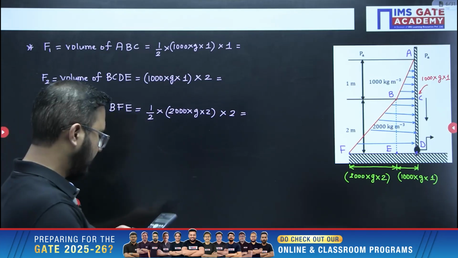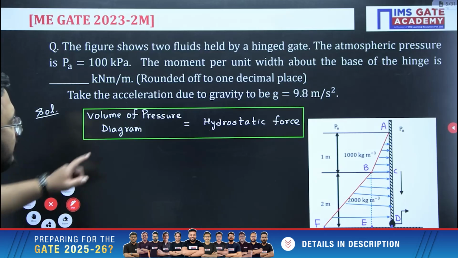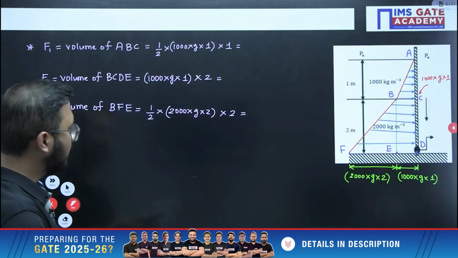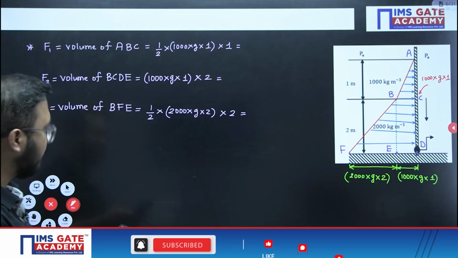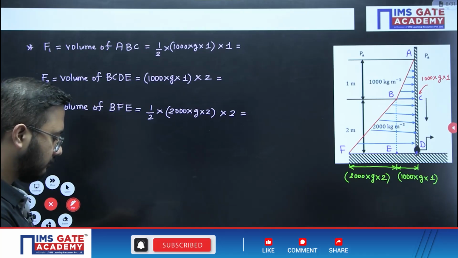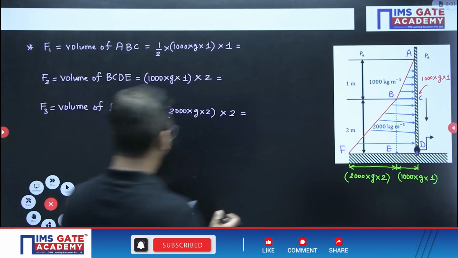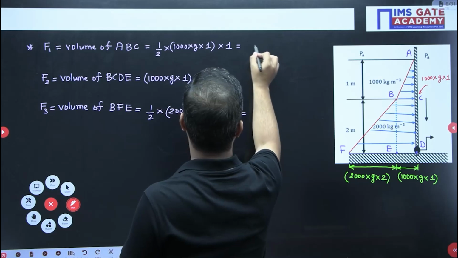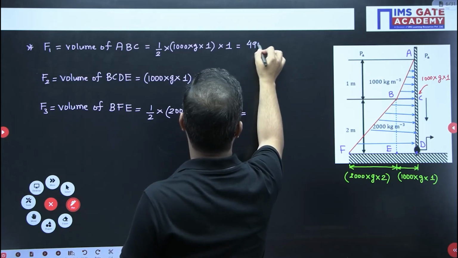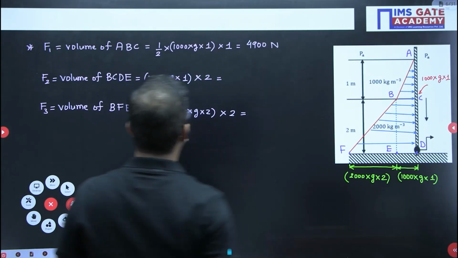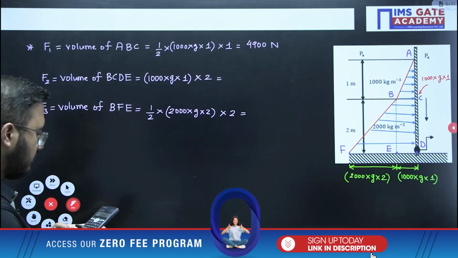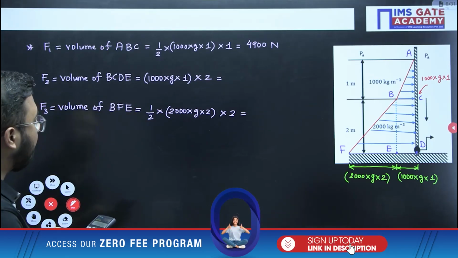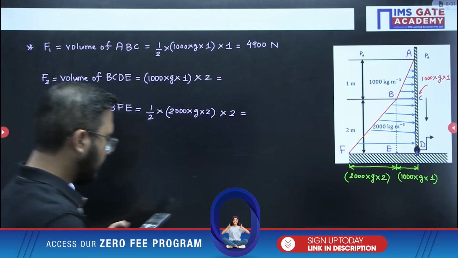So if I multiply, for g value they have given 9.8. So that is 1000 into 9.8 divided by 2, that is 4900 Newton. Then 1000 into g, that is 9.8 into 2 they have mentioned, that is 19600.